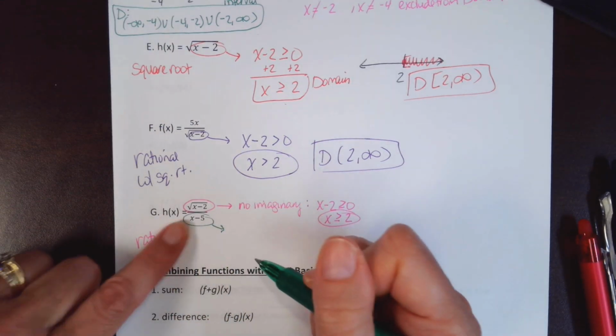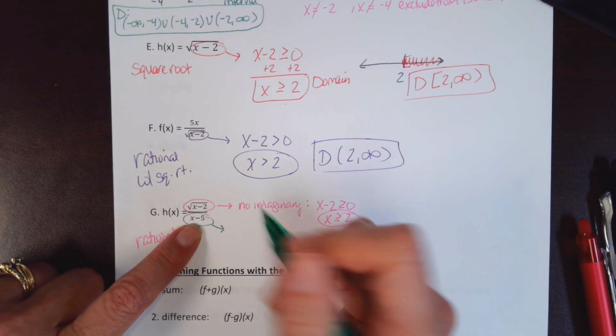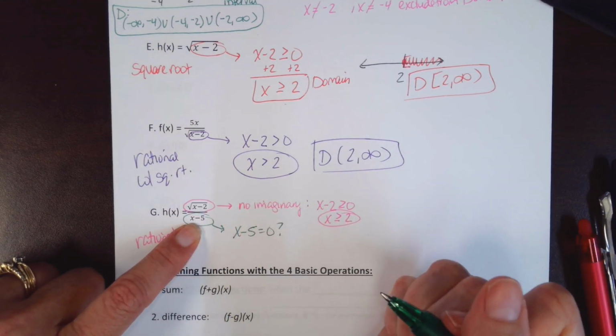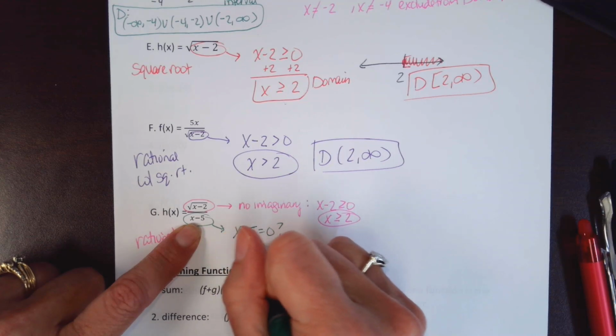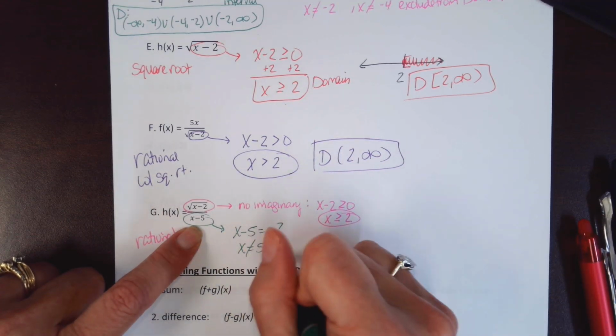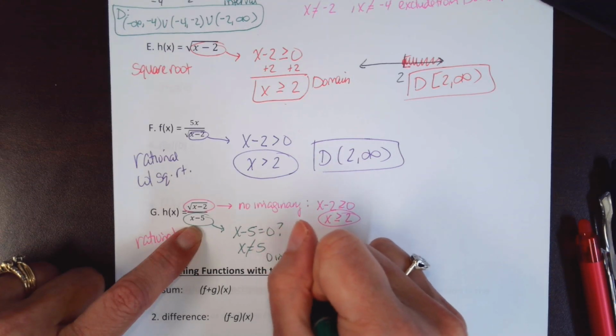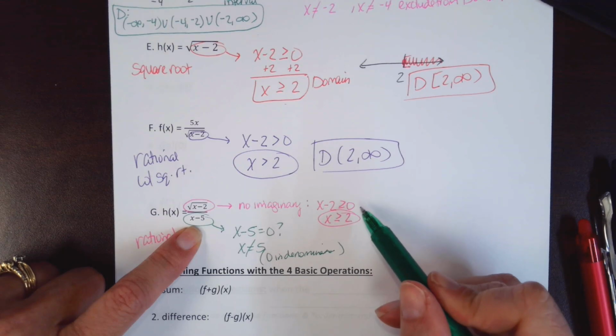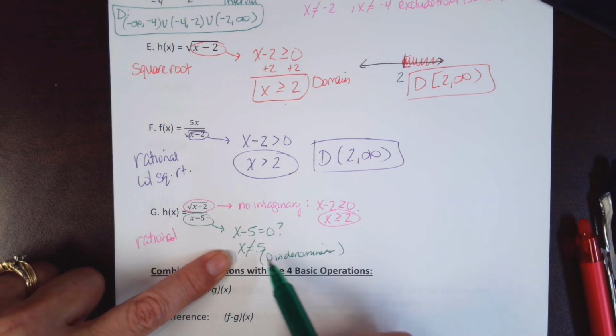My denominator, I need to see what would make my denominator 0. X minus 5, what makes that 0, because we've got to exclude that. If x is 5, we have 0 in our denominator. So we've got a restriction from our numerator and a restriction from our denominator.